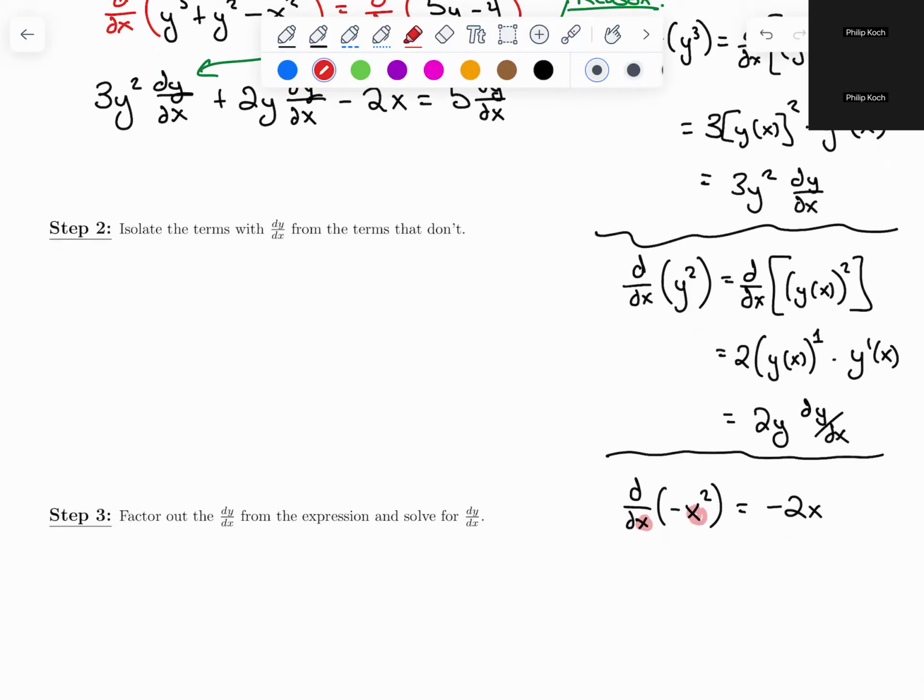Now, here's the cool thing about why Leibniz notation is so nice. You can technically write this in Leibniz notation. If you think of it as a power rule, then it's going to be dx times dx dx, if you really wanted to. Don't write this down, but just to see it. But what's dx over dx?